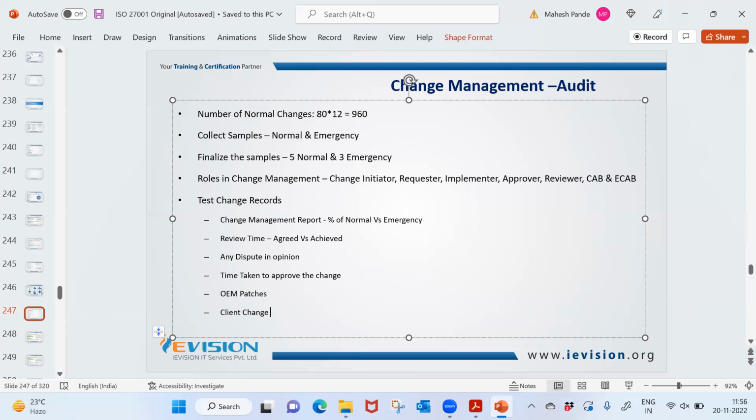Okay, no problem. Again, if they say that emergency changes have increased in 6 months, 1 year, and they have requested you to verify and validate, why? Very obvious. They want to see because they see the risk of those emergency changes.